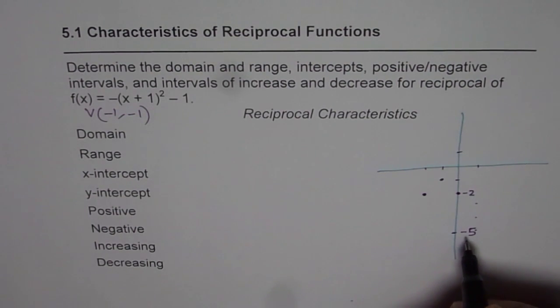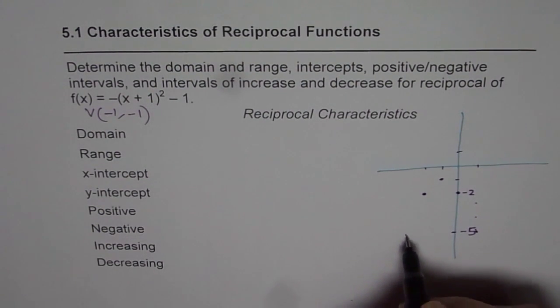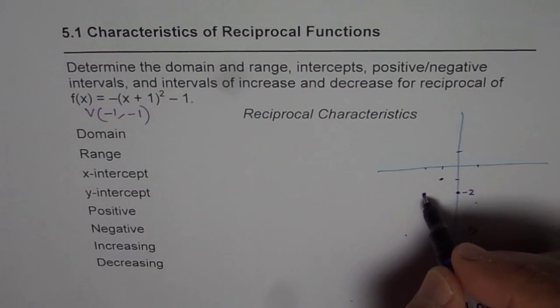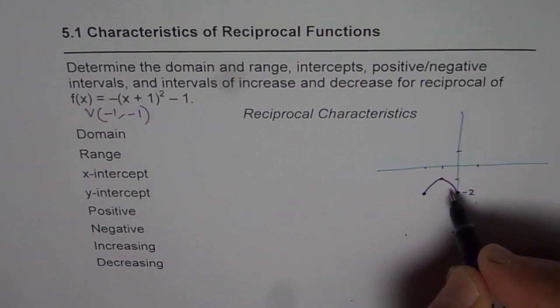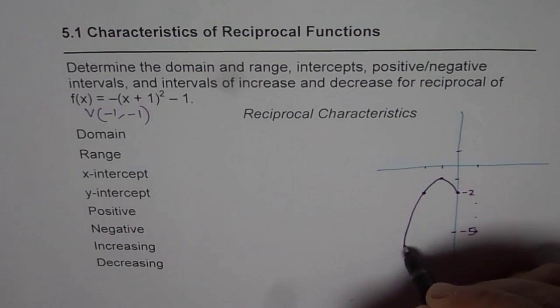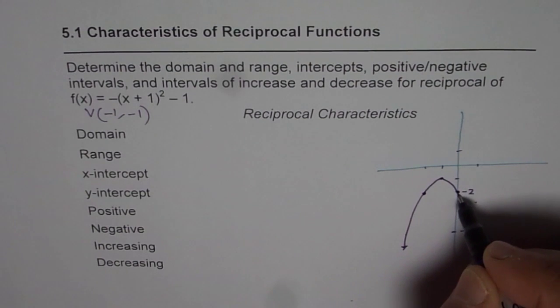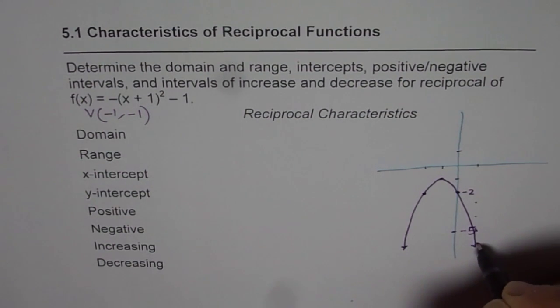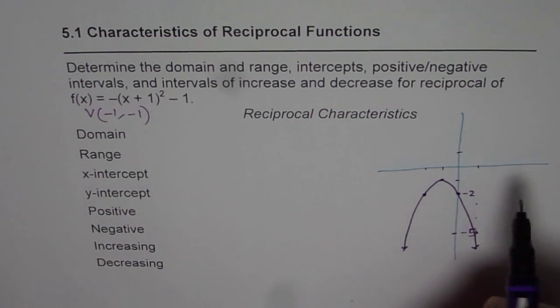So that should be -5, and the value is here. From the symmetry we can see the values here. So I can graph the parabola in this fashion. That is the parabola f(x).